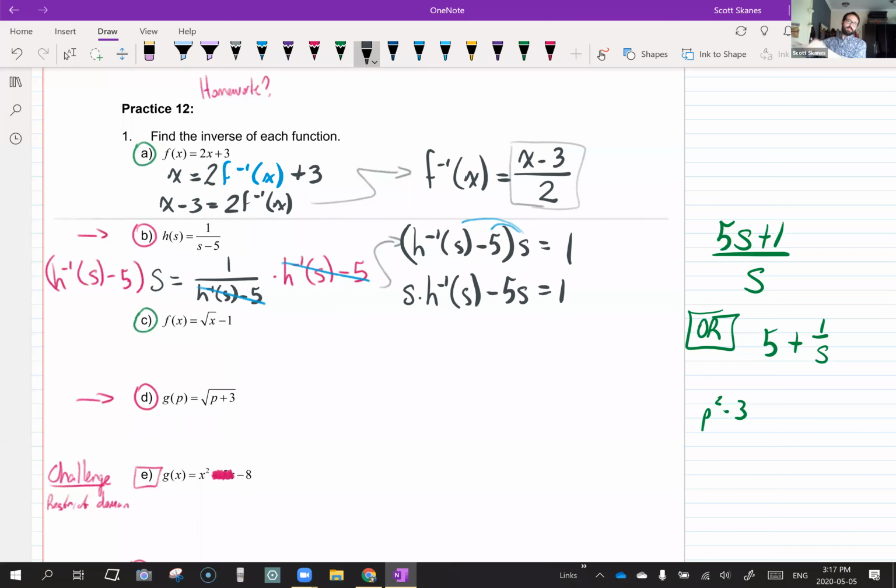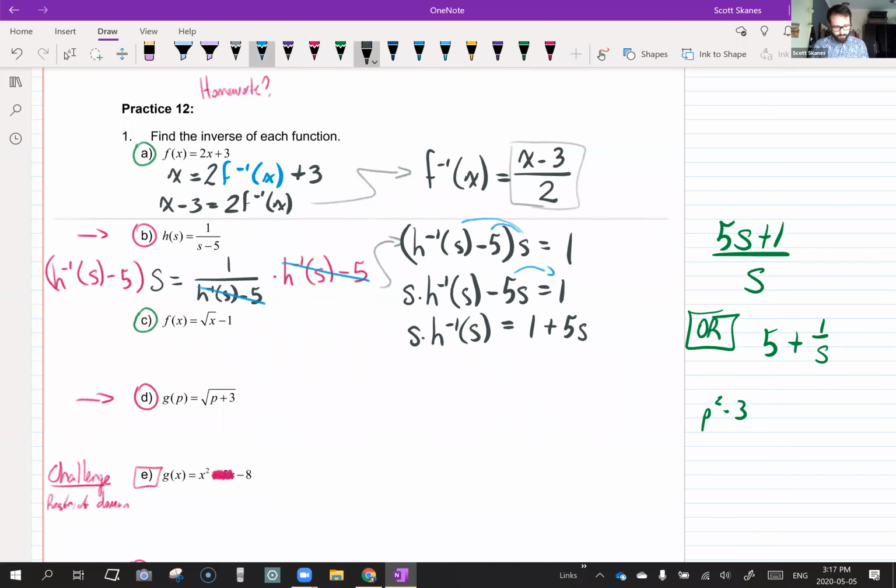Now I can move the S to the other side and divide the S out, okay? I'm going to need a little space to do this. I'm going to move this one over here. I'm left with S, H negative 1 of S equals 1 plus 5S on that side, or 5S plus 1.